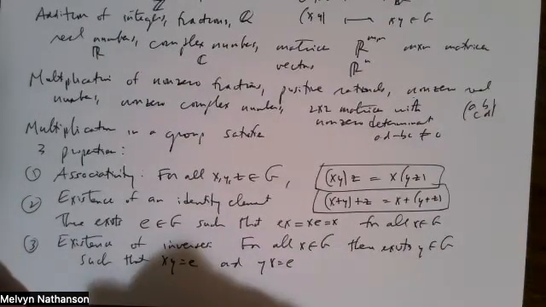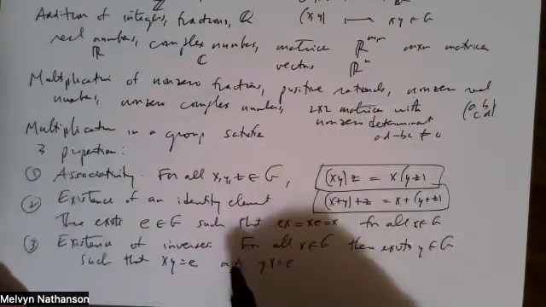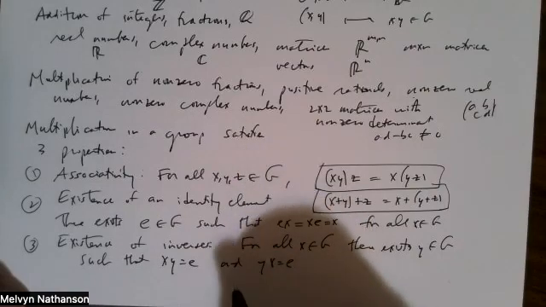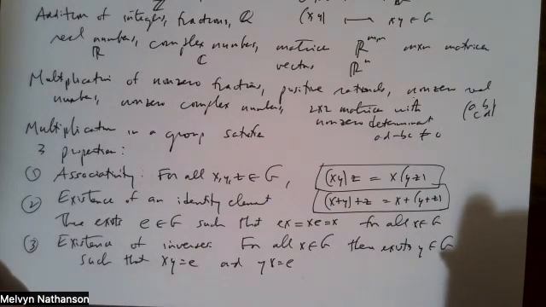And you can check that each of the examples of groups I started with above, addition and multiplication of real and complex numbers and so forth, they satisfy all of these properties.